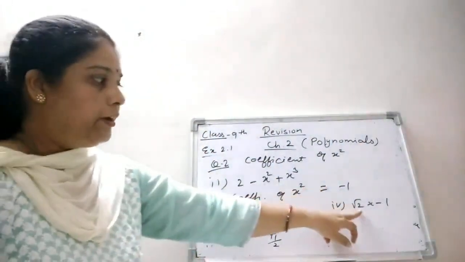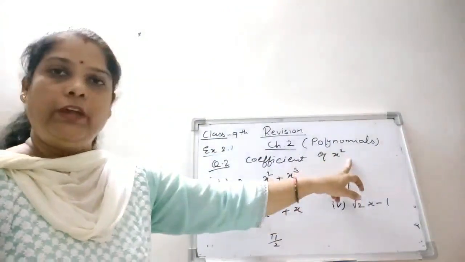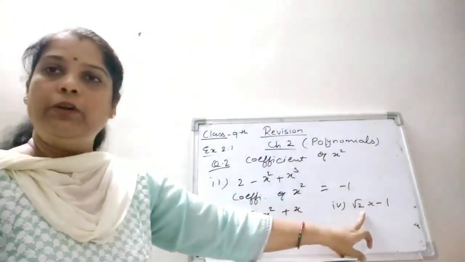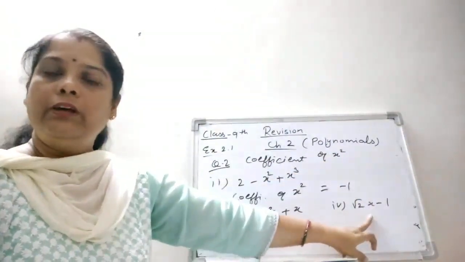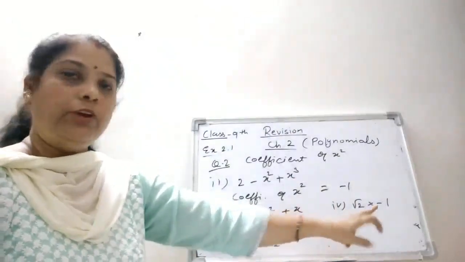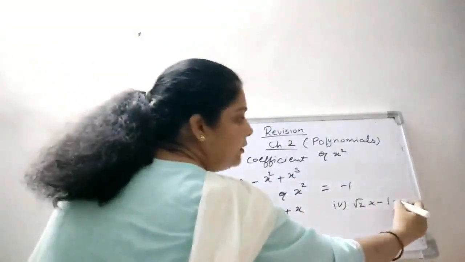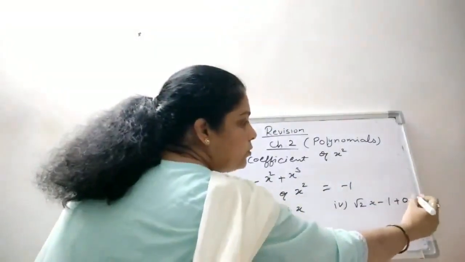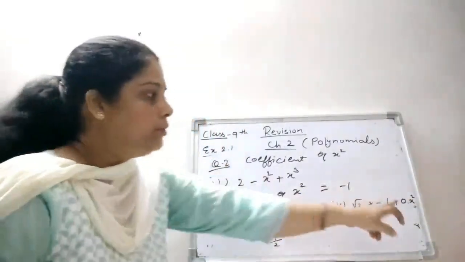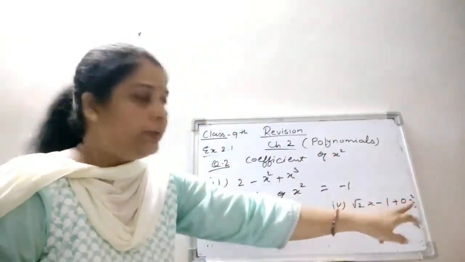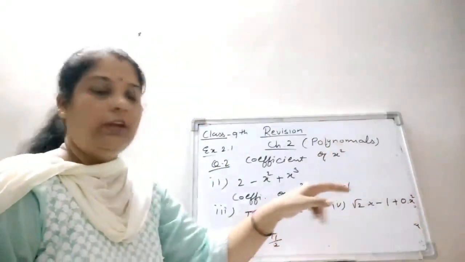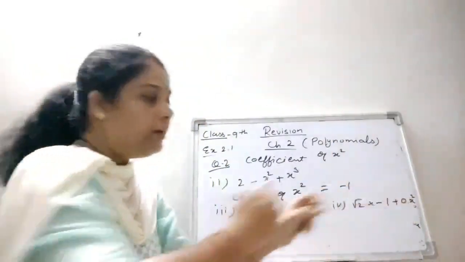Now you have to find out the coefficient of x square, and in this polynomial, you don't have x square. So what will you write? You can write here 0 into x square, means 0 only. Now what is the coefficient of x square? 0.